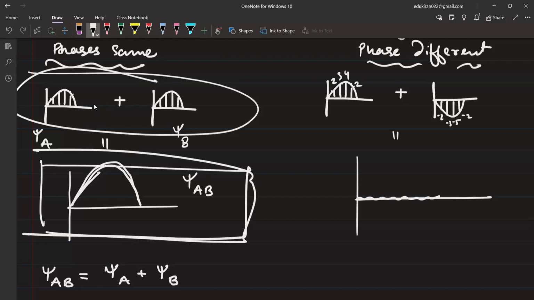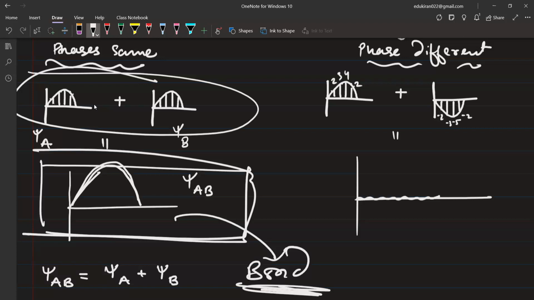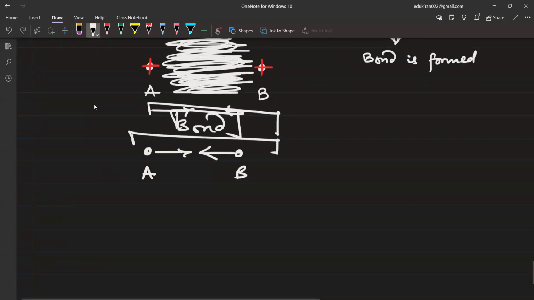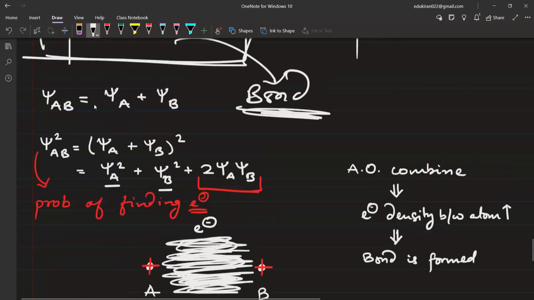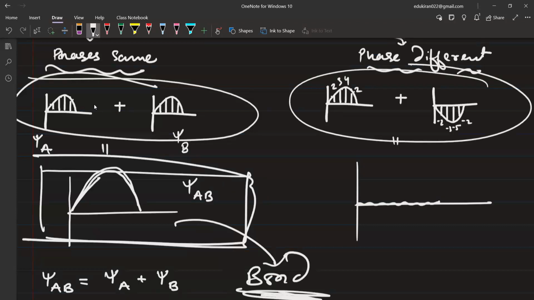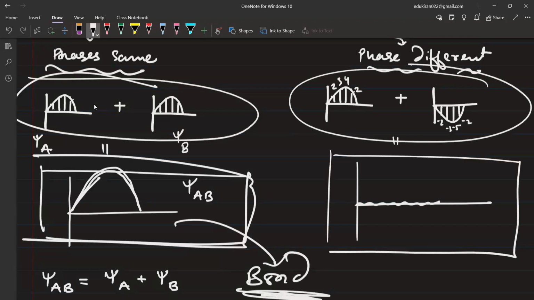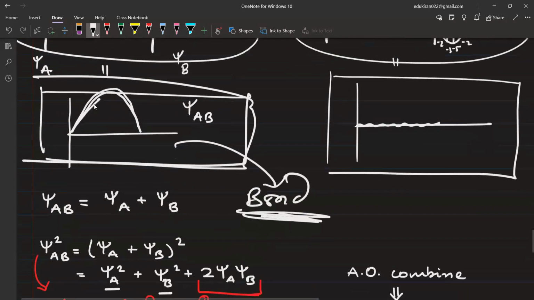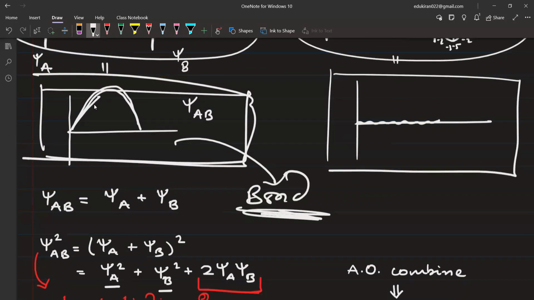This molecular orbital is responsible for the bond, and therefore this type is known as a bonding molecular orbital. And when atomic orbitals in different phases combine, they give rise to no electron density. It is completely cancelled, and that is why this is known as an anti-bonding molecular orbital.